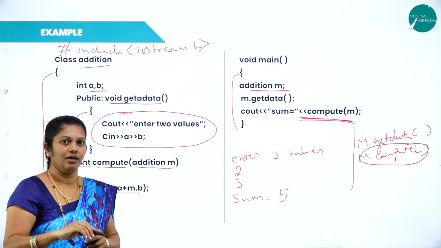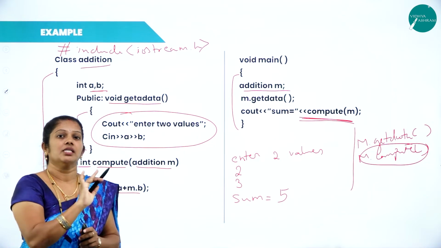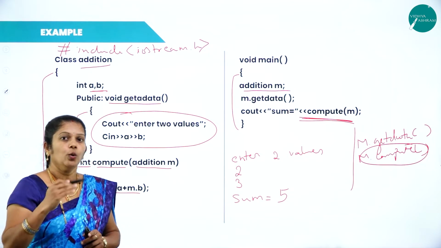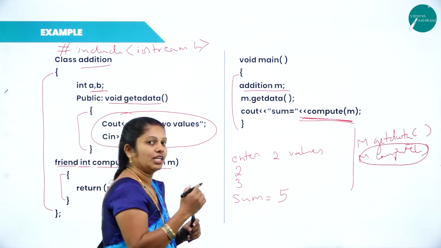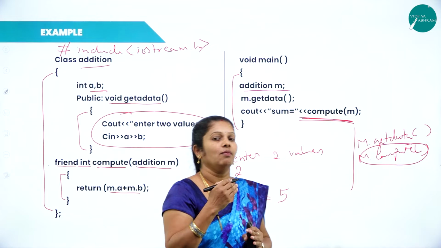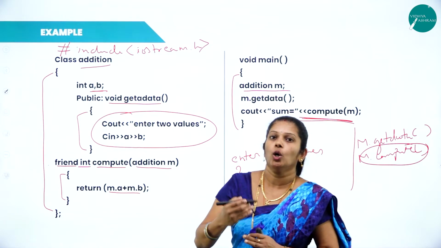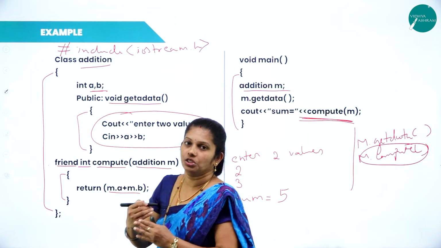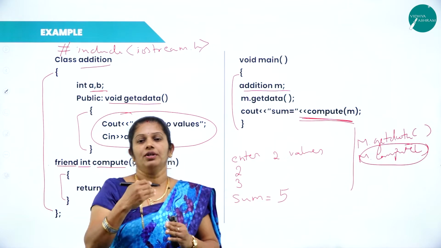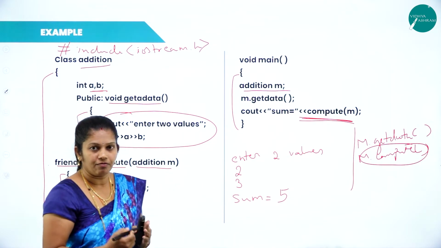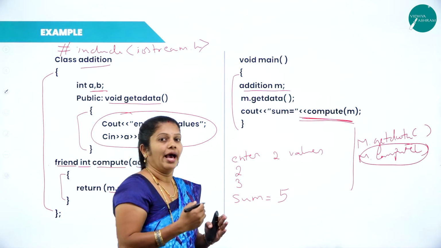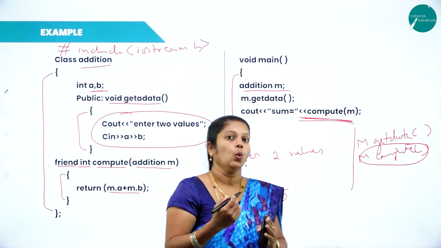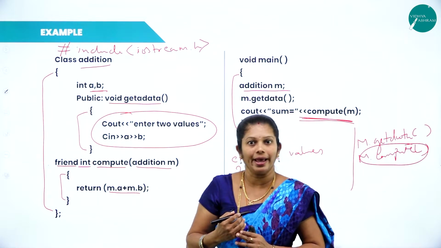Whichever access specifier we mention, it does not affect anything. Whereas in other cases, if it is a private access specifier, then we say only member functions can access. If it is protected, then member functions as well as derived class functions, along with the friend function, can also access.